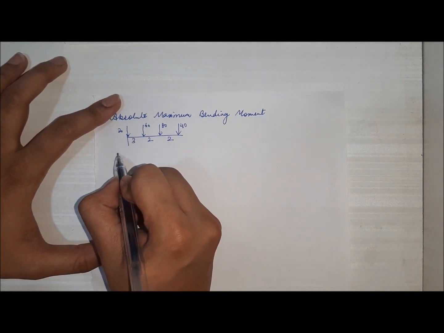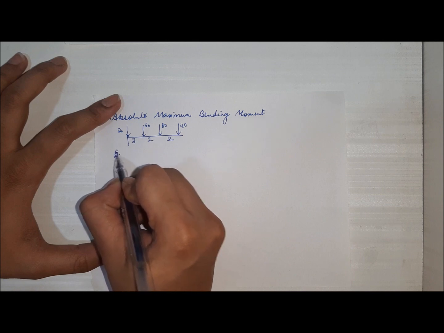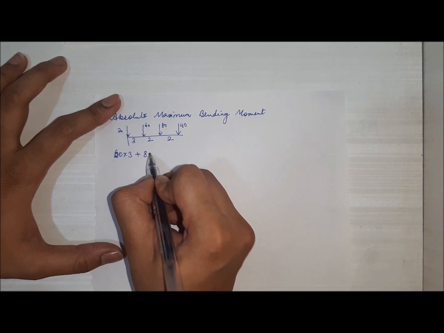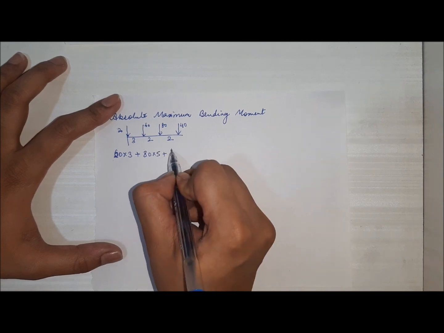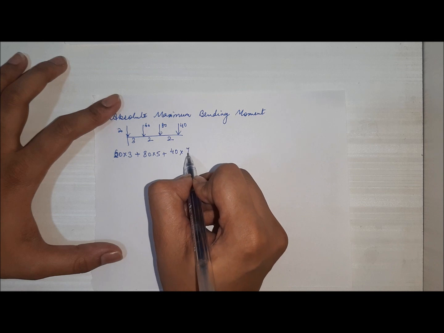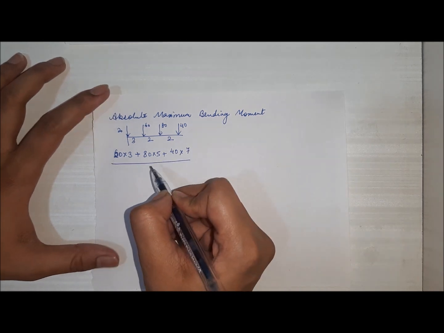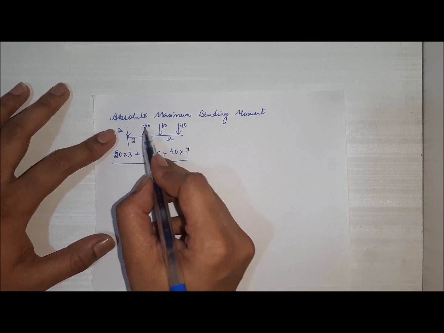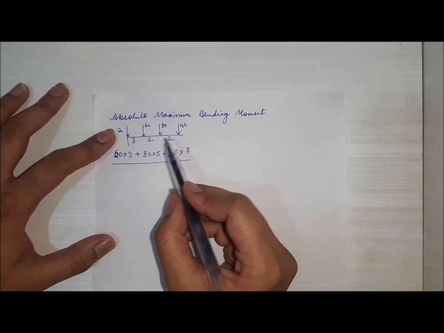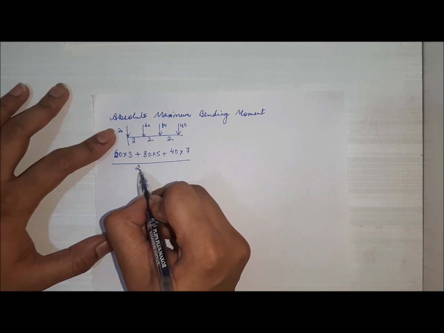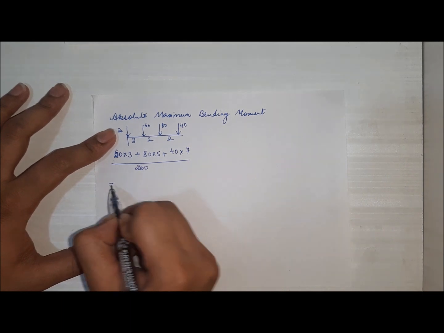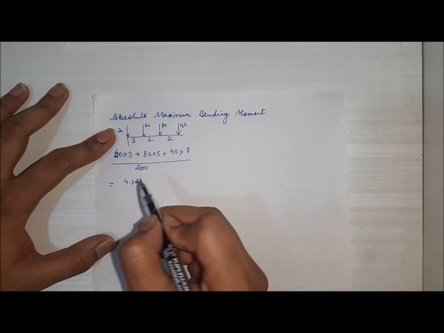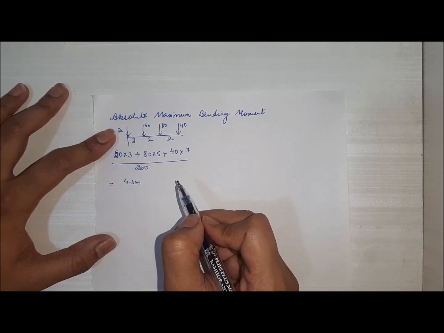We will calculate 60 into 3 plus 80 into 5 plus 40 into 7, whole divided by the total of loads, that is 20, 60, 80 and 40, which will come out to be 200. We have the centroid 4.3 meter from the 20 kilonewton load.